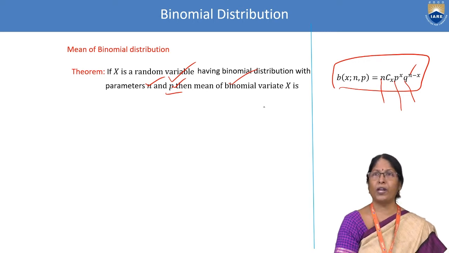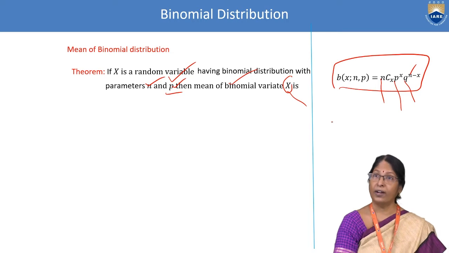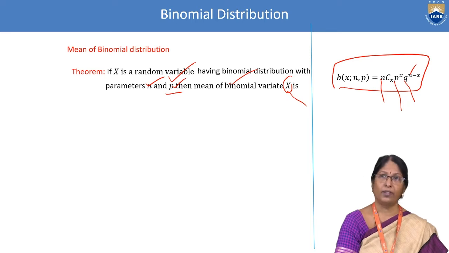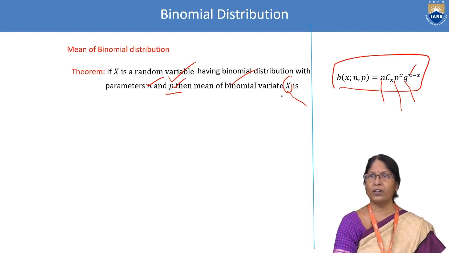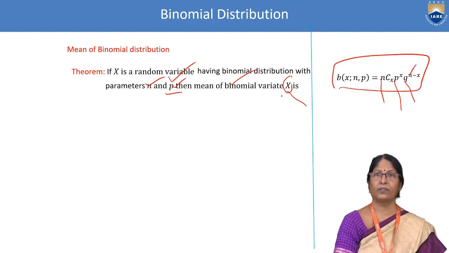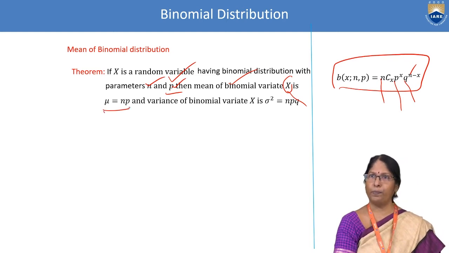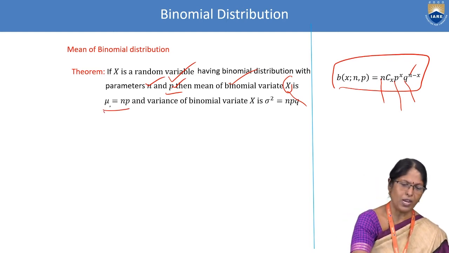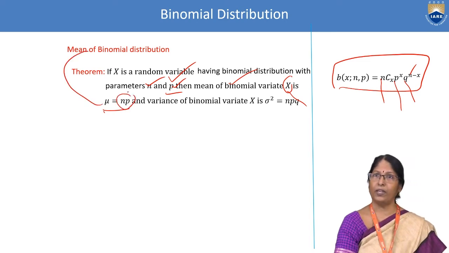The capital X plays the role of the random variable. A random variable is a real valued function, that is, the sample points are converted into real numbers. The mean of a binomial variate is mu equal to np. That is, the mean of the binomial distribution is np.